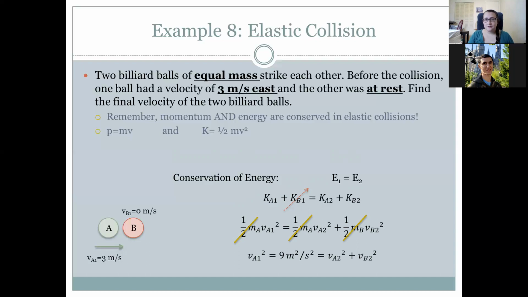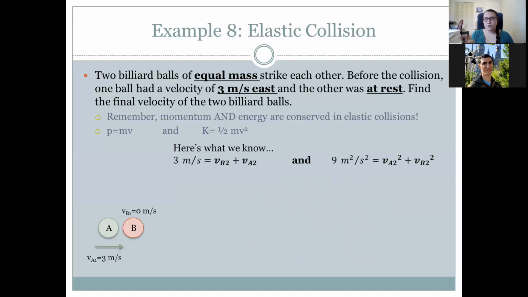Our initial velocity for ball A squared, which would end up being 9, equals our final velocity for A squared plus our final velocity for B squared. Okay, but we still don't have our final velocity for ball A or final velocity for ball B. So at this point, we're kind of stuck with our energy approach.